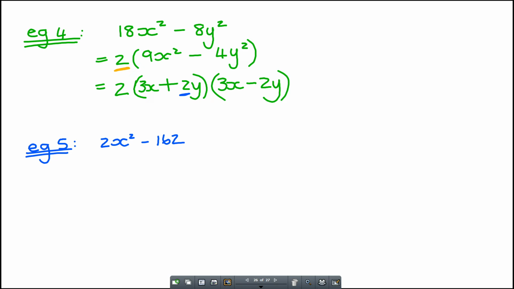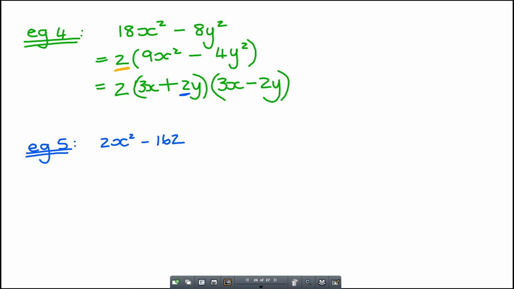So the 18x squared divided by 2 gave me 9x squared. And the 8y squared divided by 2 gave me the 4y squared. And now, because I did that, I can get square root of 9x squared. And I can get square root of 4y squared. So now I can use difference in 2 squares. Does this make sense? Okay. Anyone else?